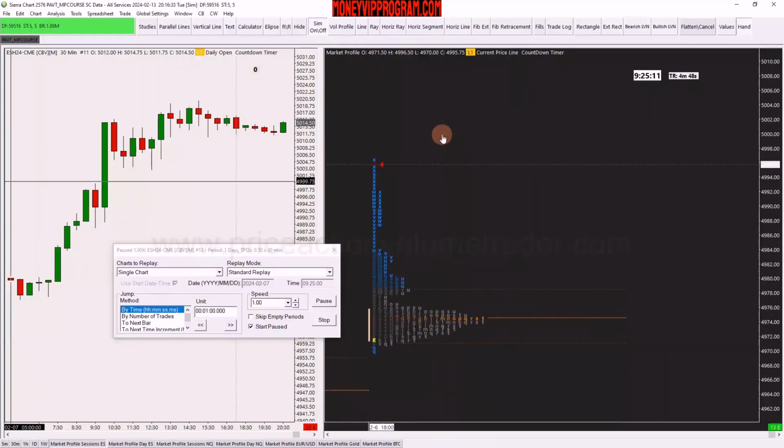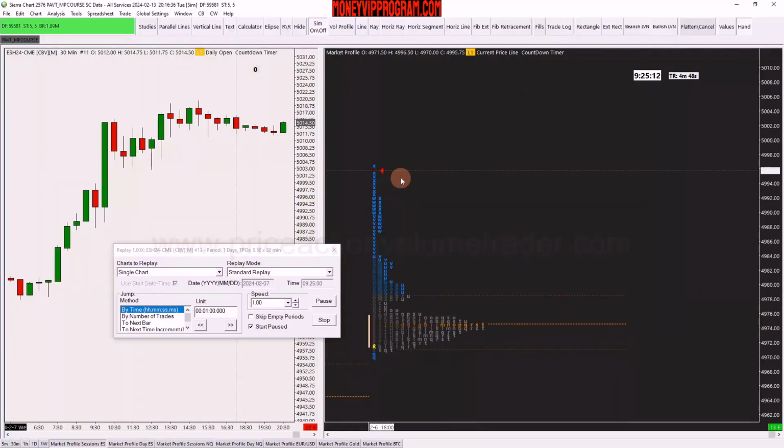Right now the market is pretty slow because, as always, the most volume and liquidity is going to come in when the regular stock market hours open. I'm going to make this faster just to get the time going more.